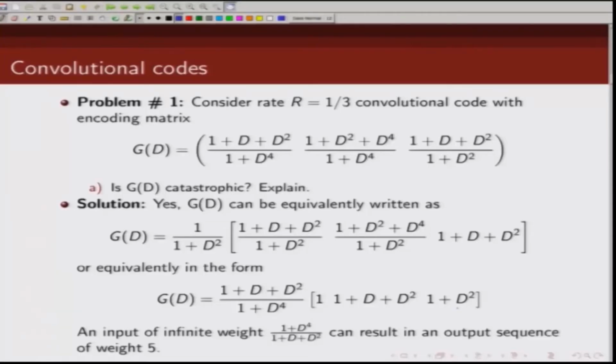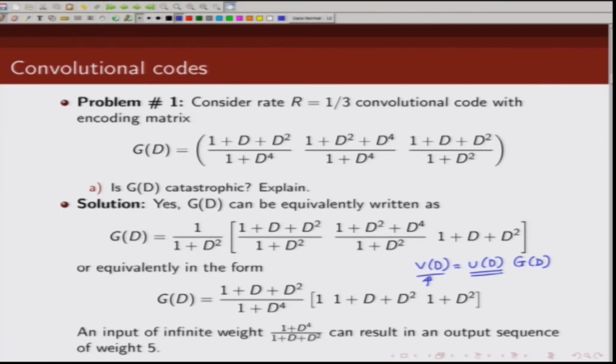So, look at this particular generator matrix. Now, what is my output sequence? My output sequence V(D) is U(D) times G(D). Now, is there any input sequence which is of infinite weight, but can result in a finite output weight for V(D)?